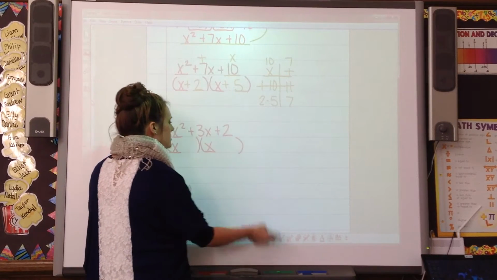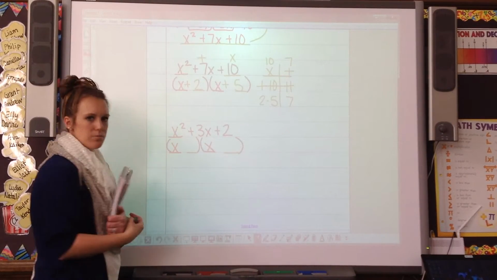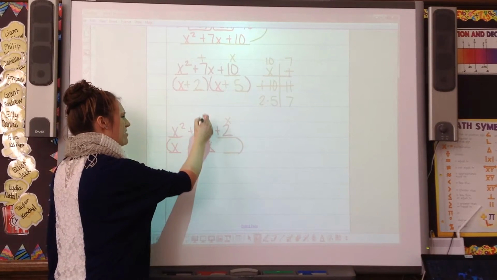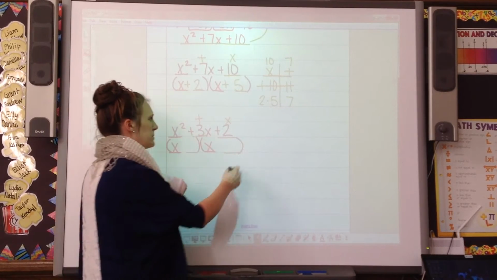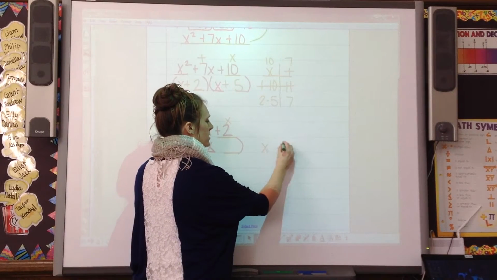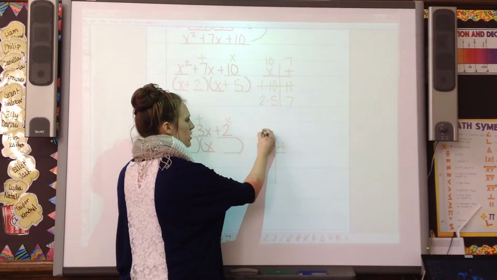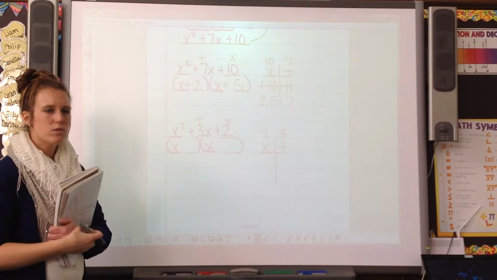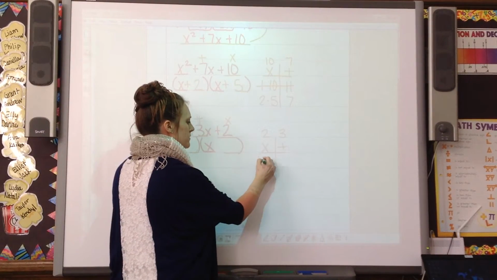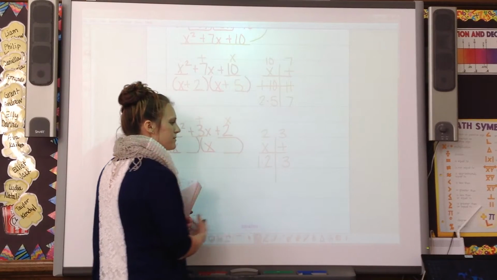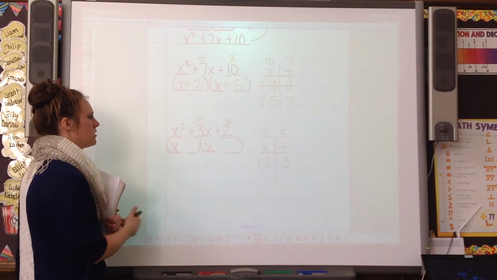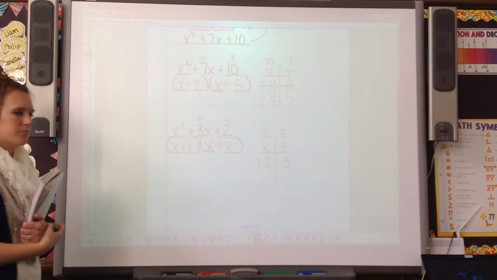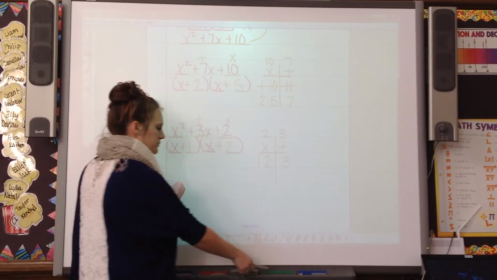To get this last term, in both sets of parentheses, you need to multiply to get 2, but add those factors to get 3. So I'm going to set an organized chart up over here. I want to multiply to get 2, but add to be 3. Think of ways you can make 2. There's only one. Do those factors add up to be 3? Yes, they do, so they work. I have a positive 1 and a positive 2. That was an easy one.